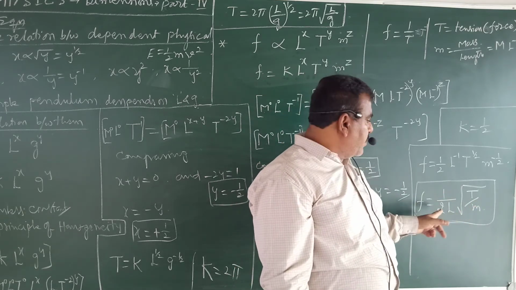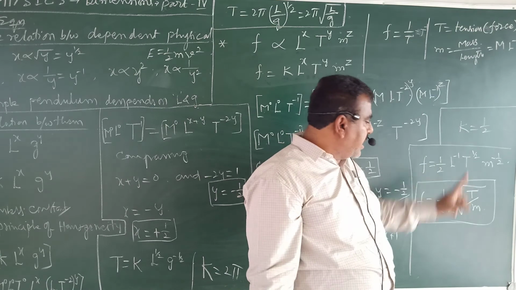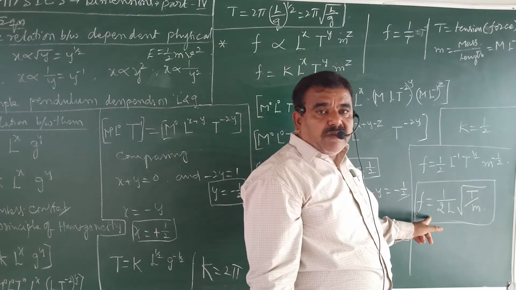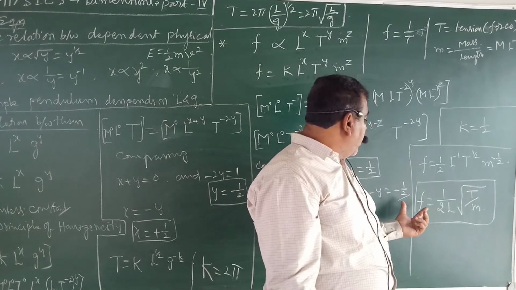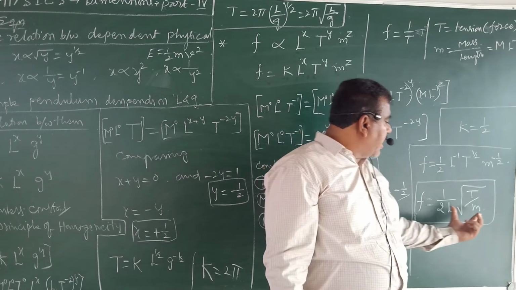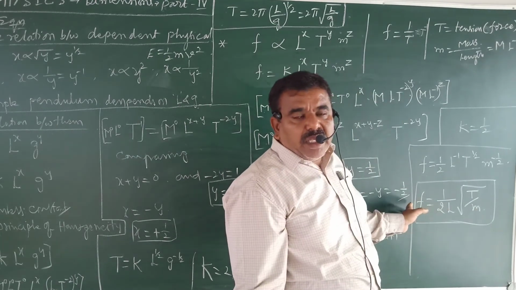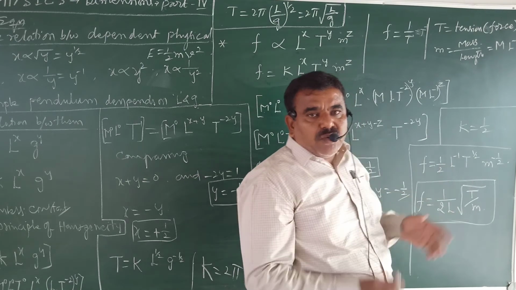The first one is that the value of the proportionality constant cannot be found. The second one is that if the left side is a monomial and the right side is also a monomial, then only we can use this.